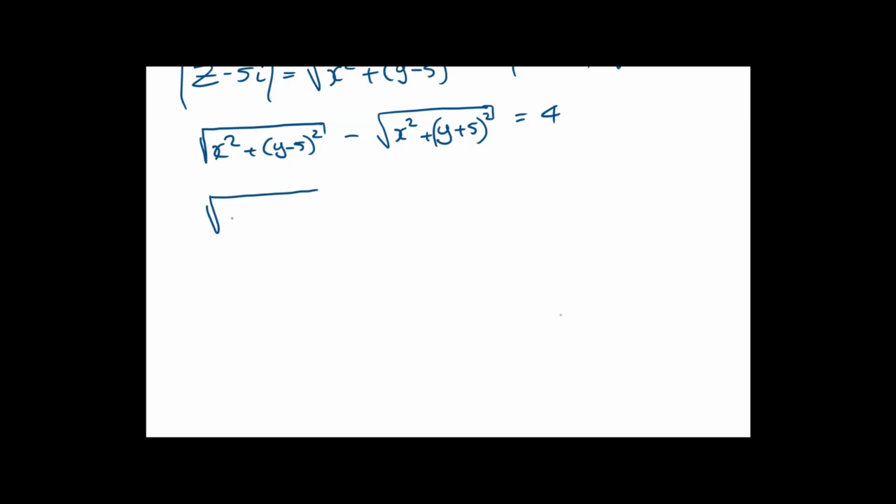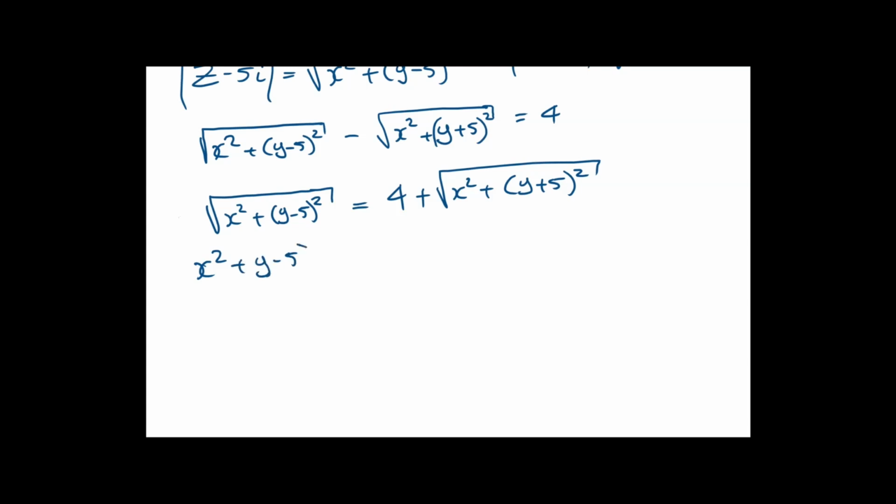So the square root of x squared plus y minus 5 squared is going to be equal to 4 plus the square root of x squared plus y plus 5 squared. Okay, right now. Well, we get to square both sides. The left-hand side is going to be pretty easy because when we square this, the radical sign is just going to disappear. x squared plus y minus 5 squared.